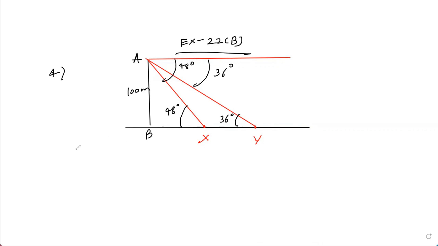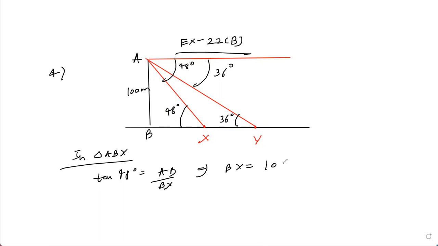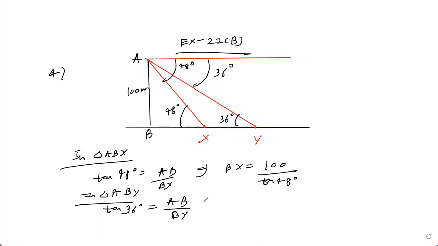So first of all, in triangle ABX, tan 48 degree is going to be AB by BX. That basically means BX is going to be 100 divided by tan 48 degrees. And in triangle ABY, tan 36 degree will be equal to AB divided by BY, which means BY is equal to 100 divided by tan 36.